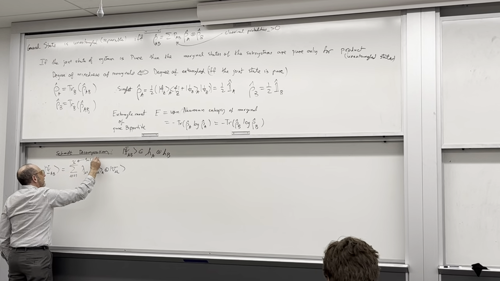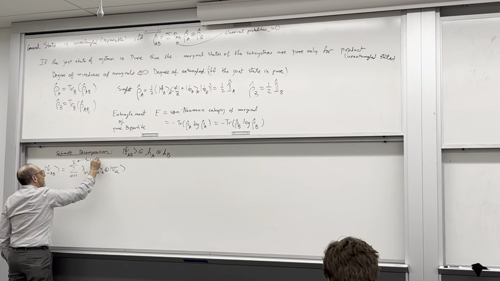Could be square if dA equals dB, but it's more generally a rectangular matrix. Now the Schmidt decomposition is really all about the singular value decomposition of this matrix.